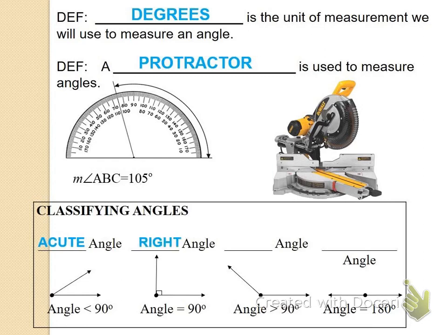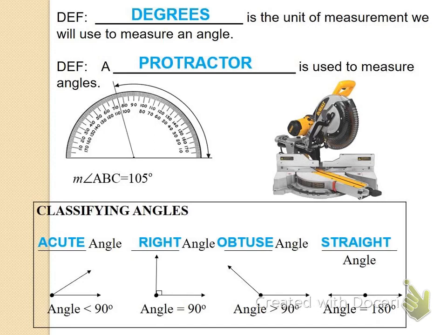And we'll talk about this a little bit, where this box in the angle says that it's a right angle. If an angle is bigger than 90 degrees, we call it an obtuse angle. And if the angle is 180 degrees, like two opposite rays where they form a line, then we call that a straight angle, right?